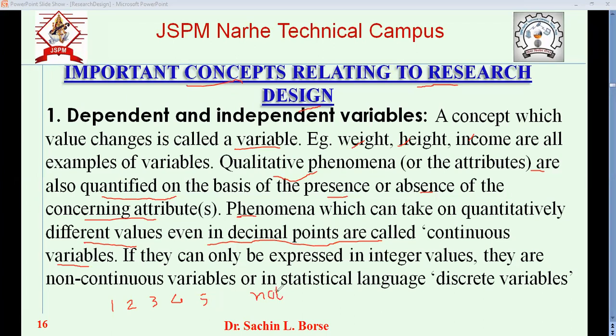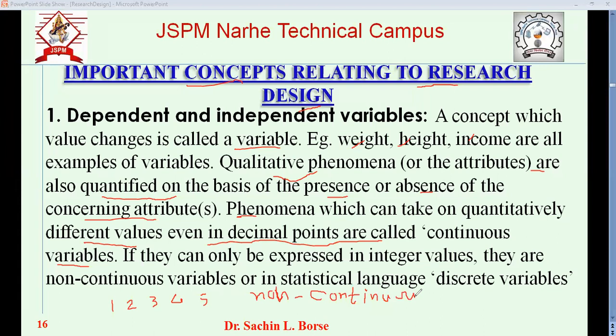If the variable value is 1, 2, 3, 4, 5 like this, it is non-continuous. It is not in decimal places, so that is called a non-continuous variable.